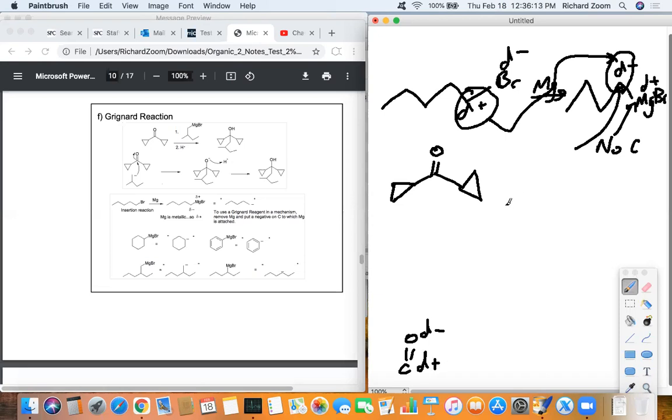It's going to be delta minus on the O and delta plus on the C. That means that anything that's attacking it that's negative is going to attack the C that has the delta plus, which is why when I take the Grignard reagent and I take the MgBr off, I put a negative charge on the C, and then I know that what's going to happen is I'm going to form a new bond between the C that has the negative charge and the C double bond O.